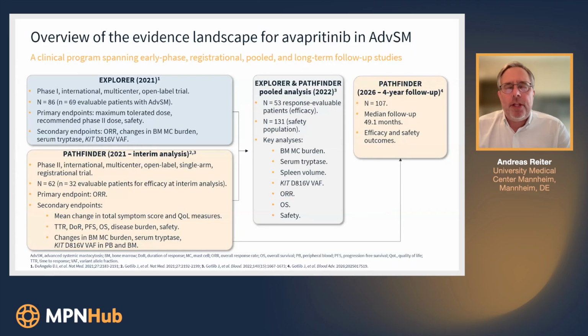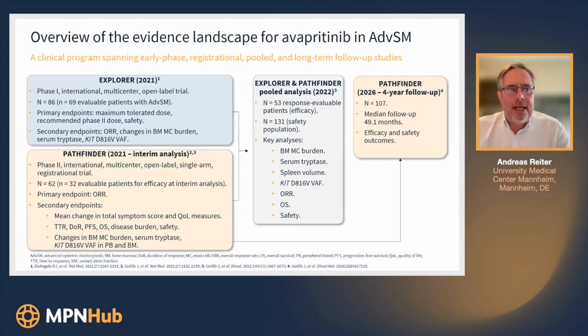Now in the next slides, I would solely focus on avapritinib, because this is clearly the most effective and the most recent approved KIT inhibitor. And there are 2 clinical trials. The Explorer trial, a phase 1 international multi-center trial with 69 evaluable patients.